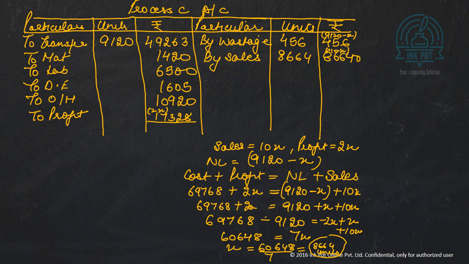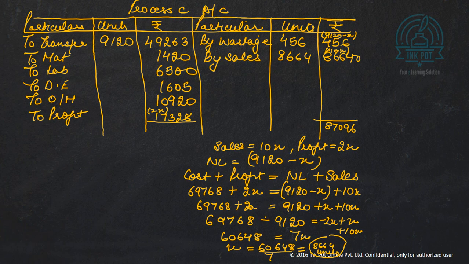So this is how we will do. So 86640 plus 456 is equal to 87096. Here the total is 87096, and on this side the total here is 69768 plus the profit is 17328, 87096.